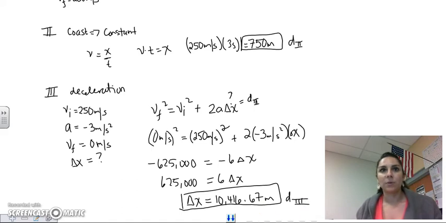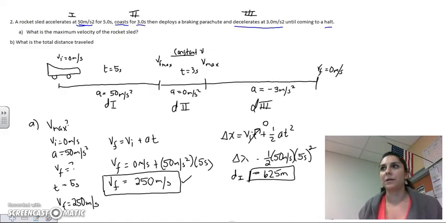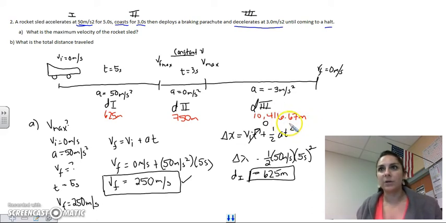So naturally, what I'm going to do is add the 3 together. Let's do that in a fun color. So D1 is 625. This is 750. This was 10,416.67 meters. Notice if you calculate this as you do this, I just round to a couple decimal places, which is sufficient.